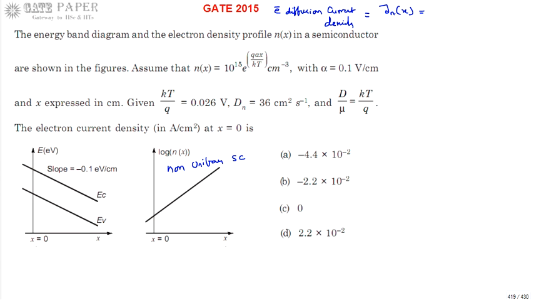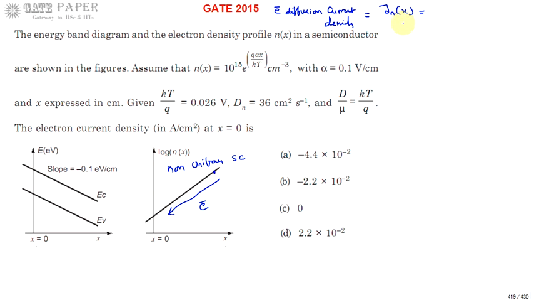As x increases, the concentration also increases, so the electrons move in this direction, from higher concentration to lower concentration. That is only possible in non-uniform semiconductors, and this is a non-uniform semiconductor according to the equation given.